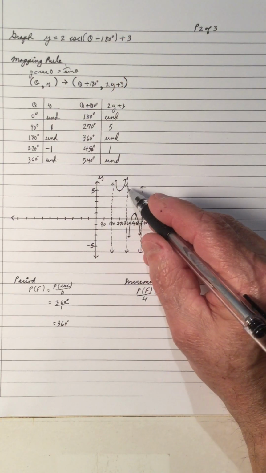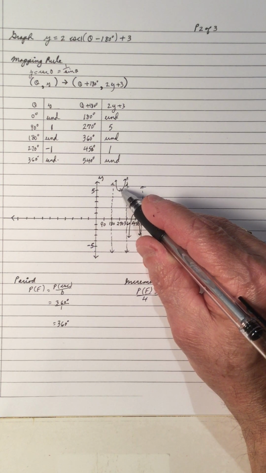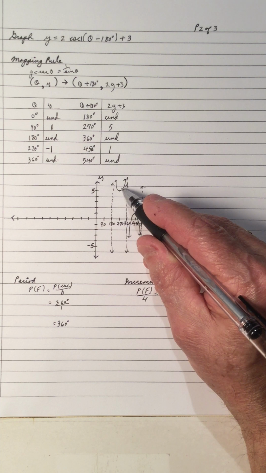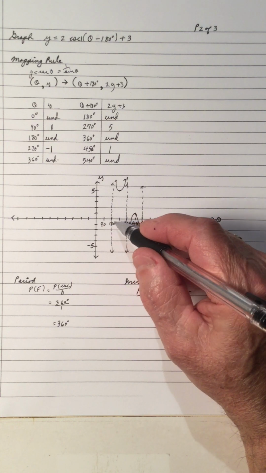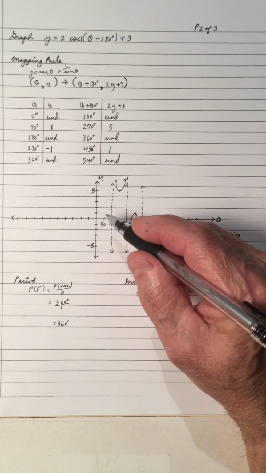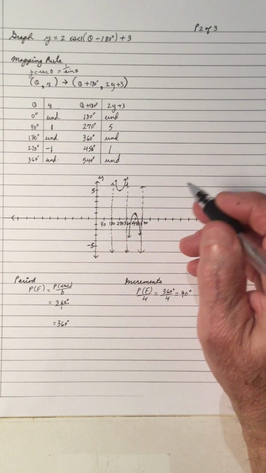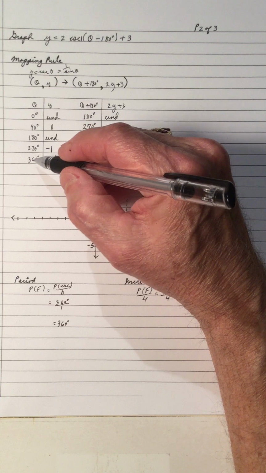And notice that, again, it's positive. So this is the same graph as you would get for secant. The only difference is that in secant, it's undefined at negative 90, 90, 180, etc. Here, it's at 0, 90, 180, 270, 360.